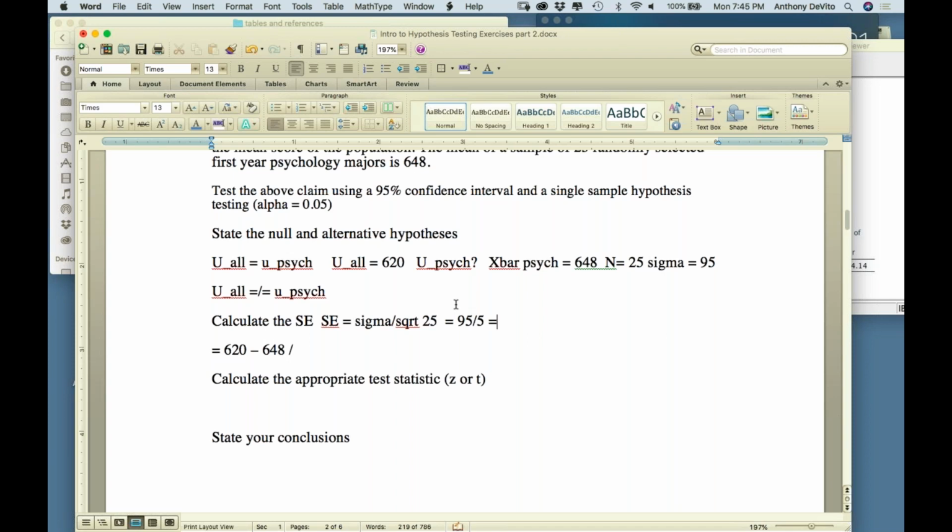And that's equal to, what is that, 19, I guess, right? Equal to 19. So I'm going to take this and divide it by 19. So what is this value? The difference between the two means divided by the standard error. What is that value? Is that z or t? I know sigma, right? So that's z, right? Okay, so z is equal to that value. So what is that value? That's 28 over 19.